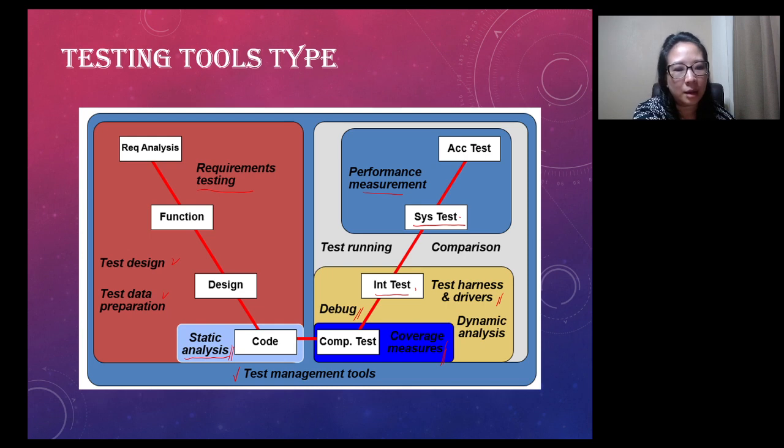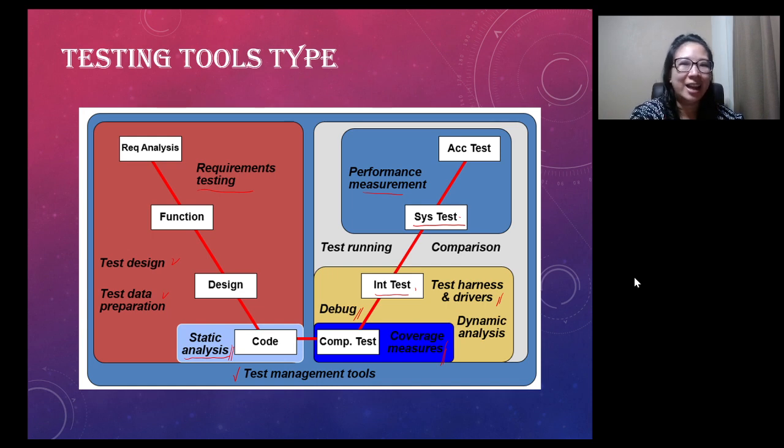And then in dynamic analysis, if you still remember, we have a lot of types, right? We can use the decision tree, and also boundary evaluation.